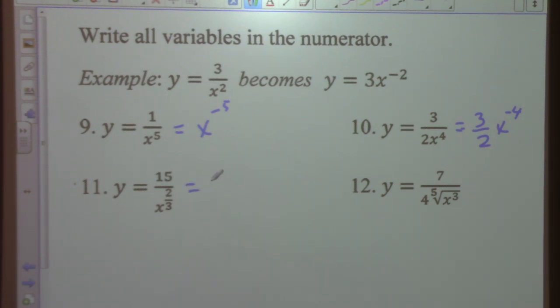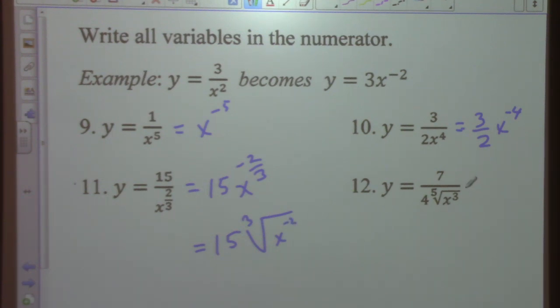here 15 x to the negative 2/3. And if we radicalize this, what would we get? We get 15 cube root of x to the negative 2 power, right?